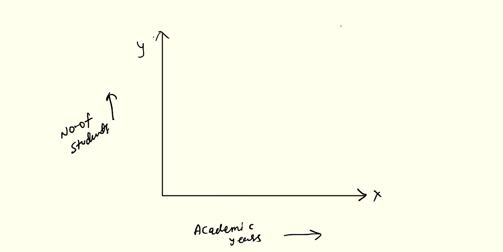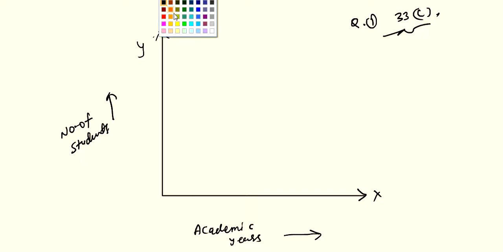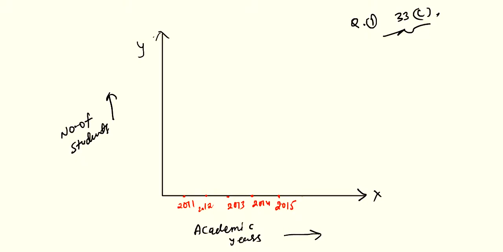Question number 1, exercise 33C. Just open your book and see the question. Academic years 2011 to 12. You can start from here. This is your 2011, this one is your 2012, 2013, 2014, 2015, then 2016.